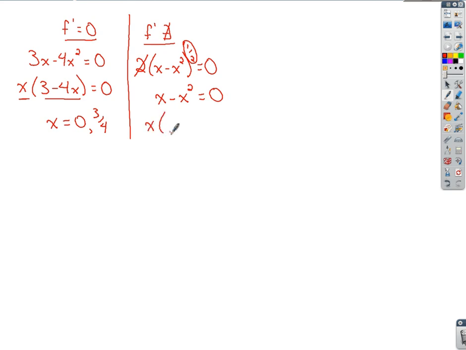If you take out an x, you've got 1 minus x left, meaning we're going to have x equals 0 back again, because of this factor right here, and then from the 1 minus x factor, we're going to have 1. So it looks like our critical numbers, if we were establishing those, we'd say our critical numbers are 0, 3/4, and 1. And obviously we need those to explore where this function is increasing or decreasing.